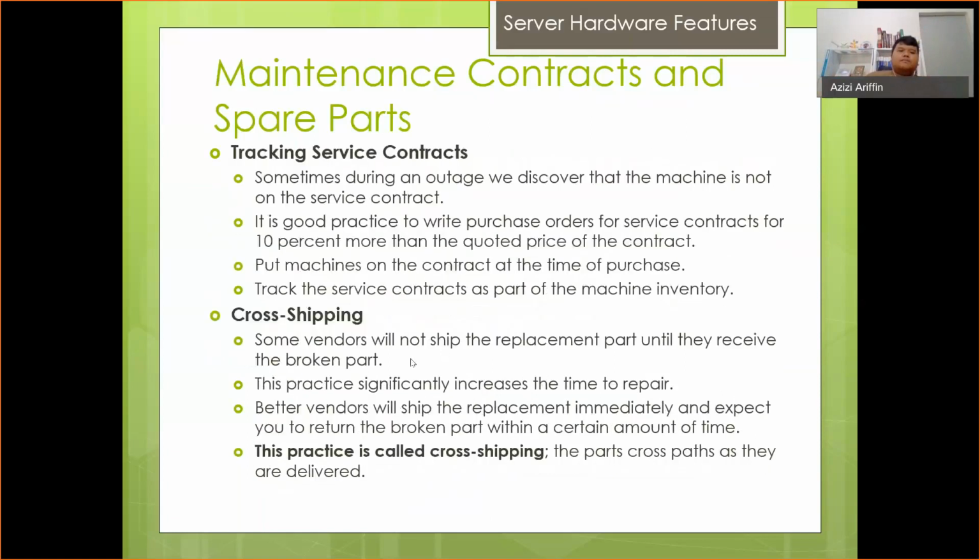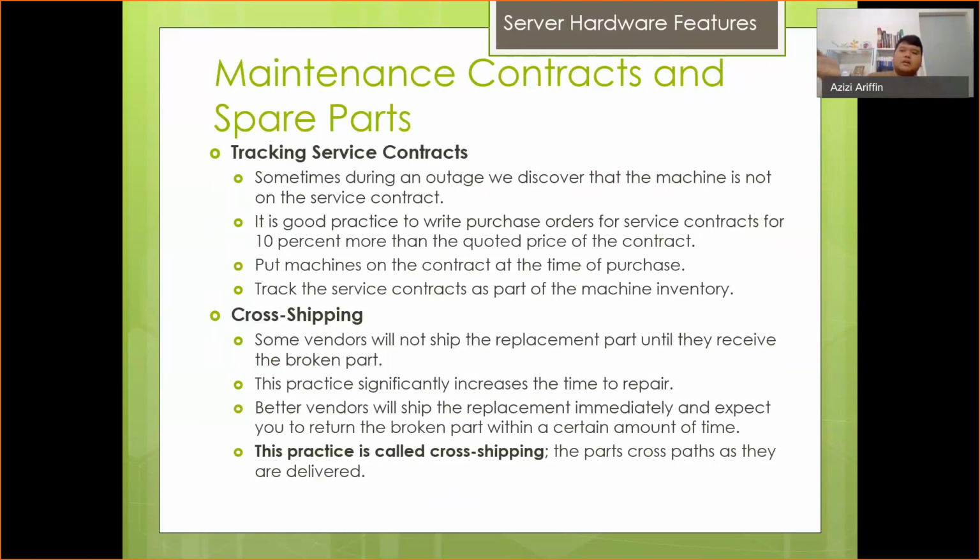All right. We also must track the service contract. Okay. Because we have different machines, and these different machines may be added into inventory later on. So of course all of these servers will have different support periods.